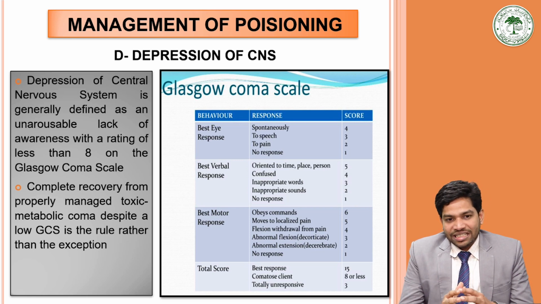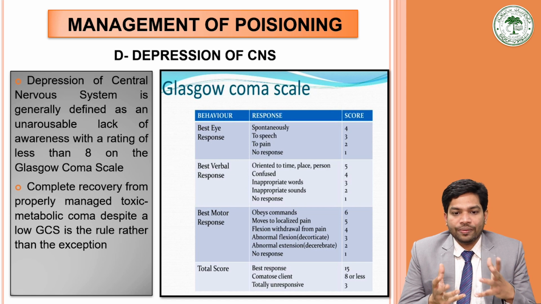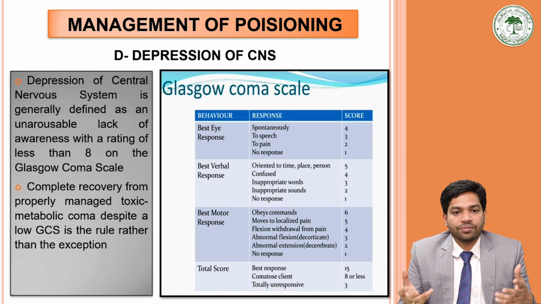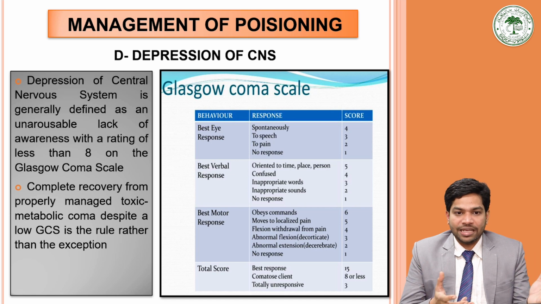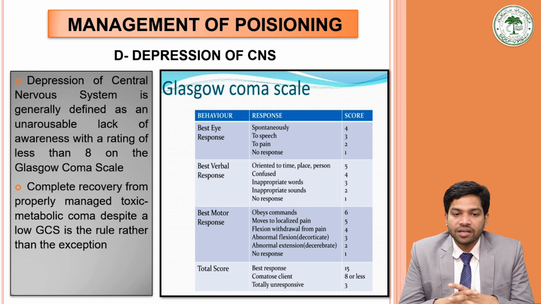For poisoning cases, you use this for diagnosing the state of the comatose condition, but never for prognosis. Even a person who is unresponsive after a toxic injection may have a Glasgow Coma Scale of 3 and still be completely recovered after care according to the management protocol of poisoning.